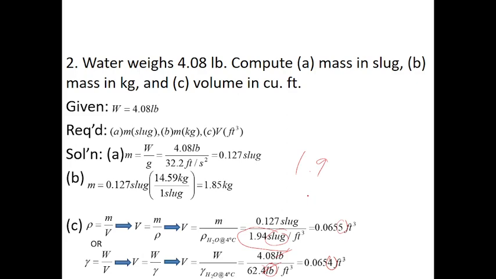So pero ang kino-consider lang kasi natin dito ay 3 significant figures. So meron ako ditong 194, 3 significant na 'yon. 624, 3 significant na 'yan, no? So it's just okay for as long na tama yung ginamit na mga constants, no?